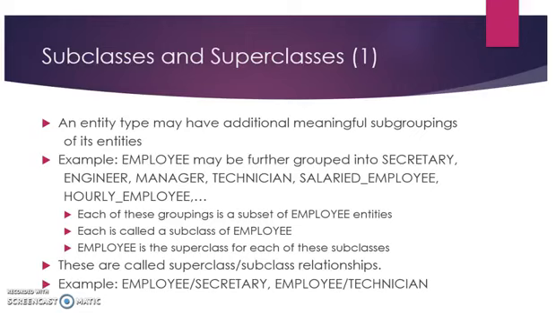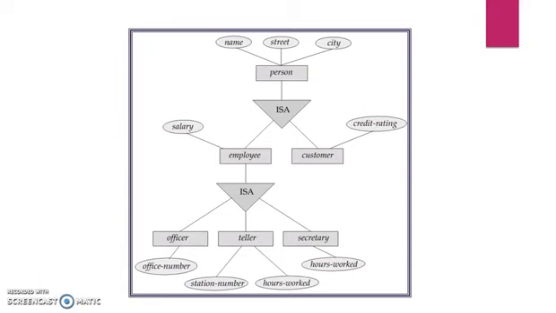Each is called a subclass of employee, and employee is a superclass for each of these subclasses. These are called superclass-subclass relationships. For example, employee is a superclass of which secretary is a subclass, employee is a superclass of which technician is a subclass, etc.